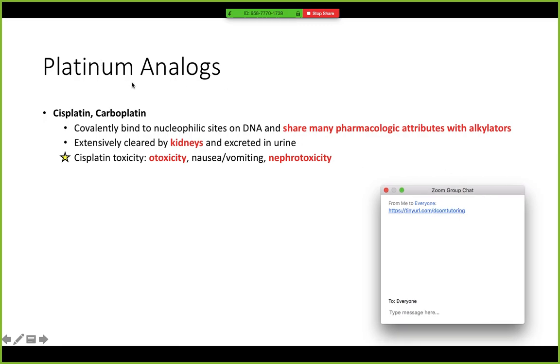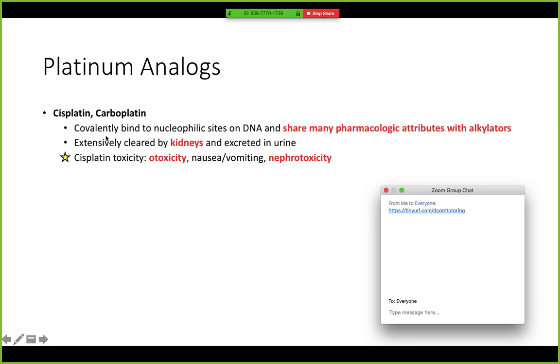Your platinum analogs are going to be cisplatin and carboplatin. And really, a lot of this exam comes down to just remembering Chemo Boy. I'm not going to say with 100% positivity, but just by remembering Chemo Boy, I would bet that you could get like 2/3 of her questions right as far as this lecture goes on this exam.